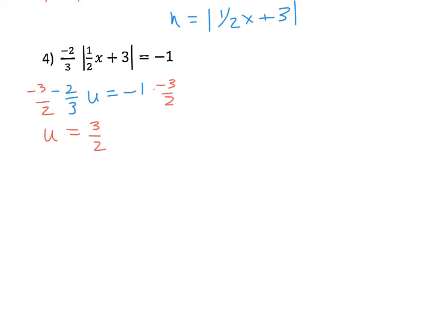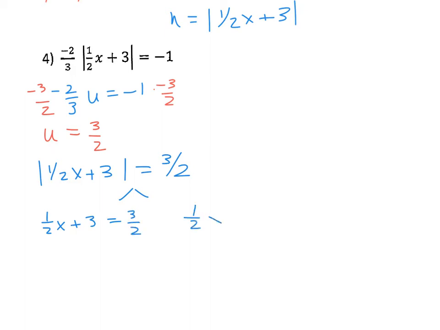Okay, so if we go back to our blue, we're going to substitute the absolute value expression in for u, so I get the absolute value of 1/2 x plus 3, and that equals 3/2. So if I split it, I get the inside equals 3/2, or the inside equals -3/2.